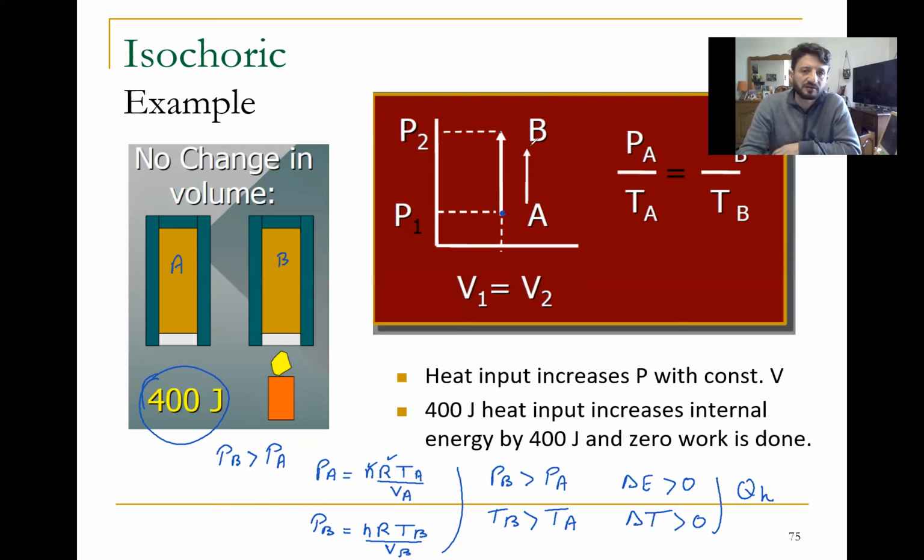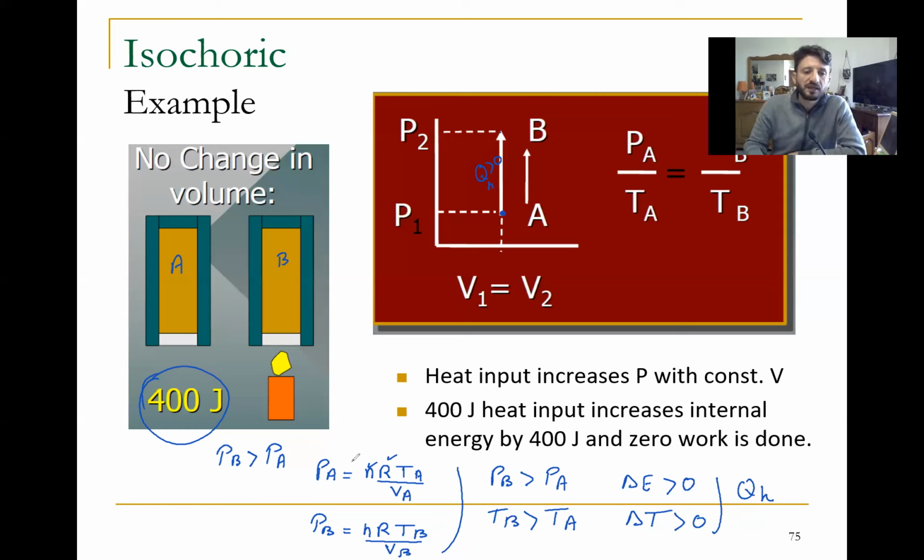If you want to understand the situation between A and B, if we have a constant volume and you want to increase the pressure inside the volume, you have to add a quantity of heat. Okay, we have a fixed volume, I want to increase the temperature, we can give Q. So between A and B, Q is hot, is positive.